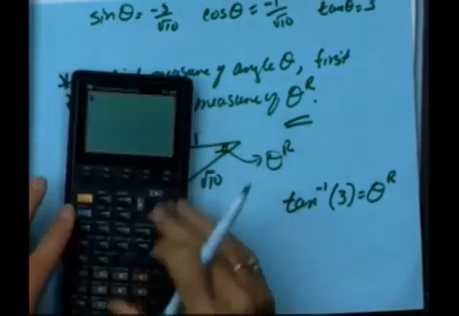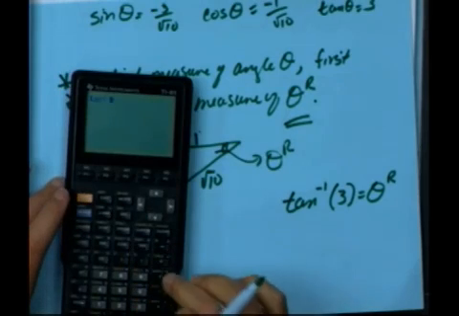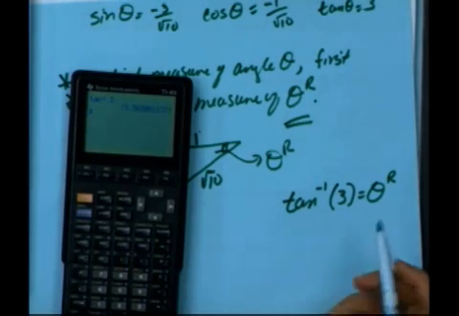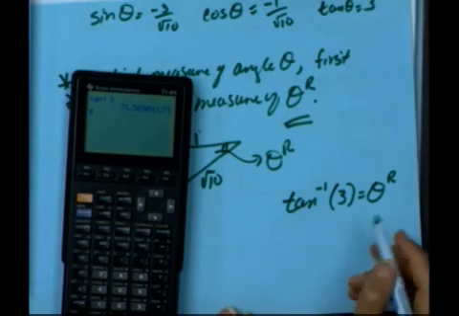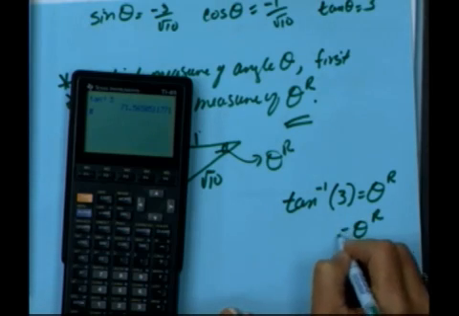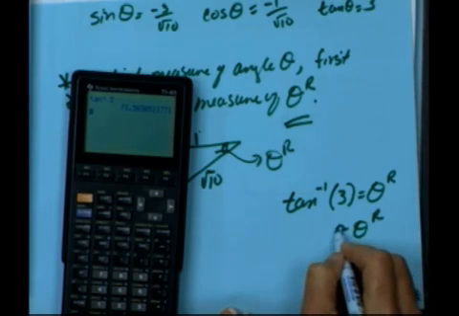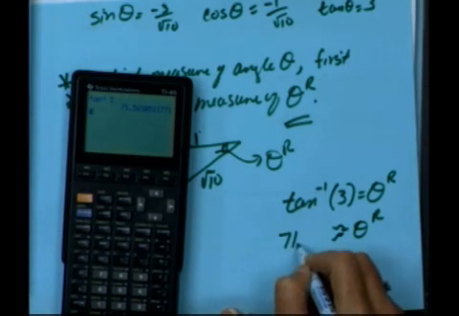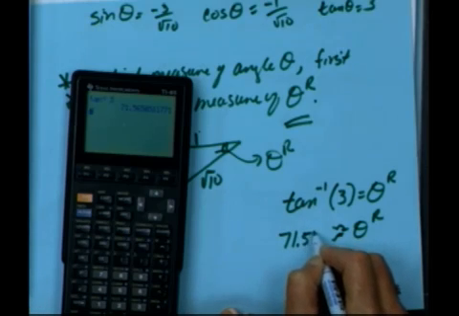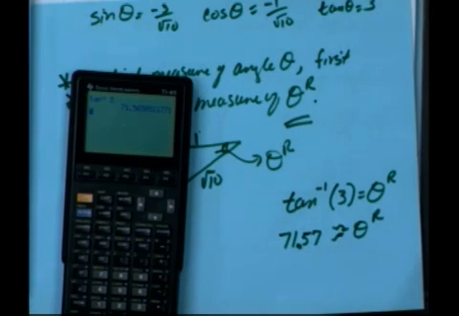Good, you're ahead of me. I am very happy for you. Did you get 71.56? So the measure of the reference angle is approximately equal to 71.57 if I'm just going to round to 2 decimal places, degrees. Everybody good?